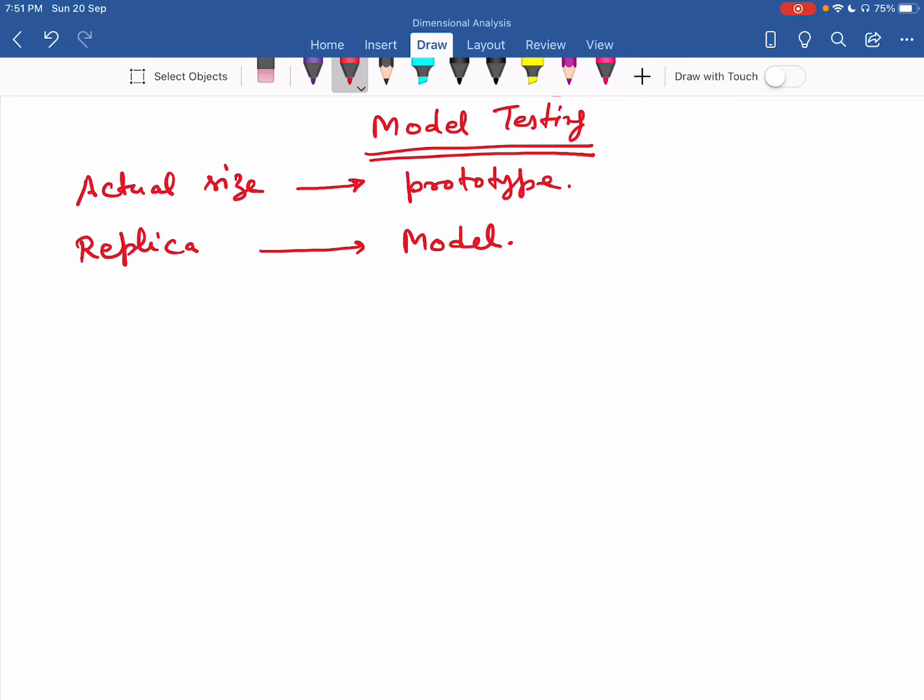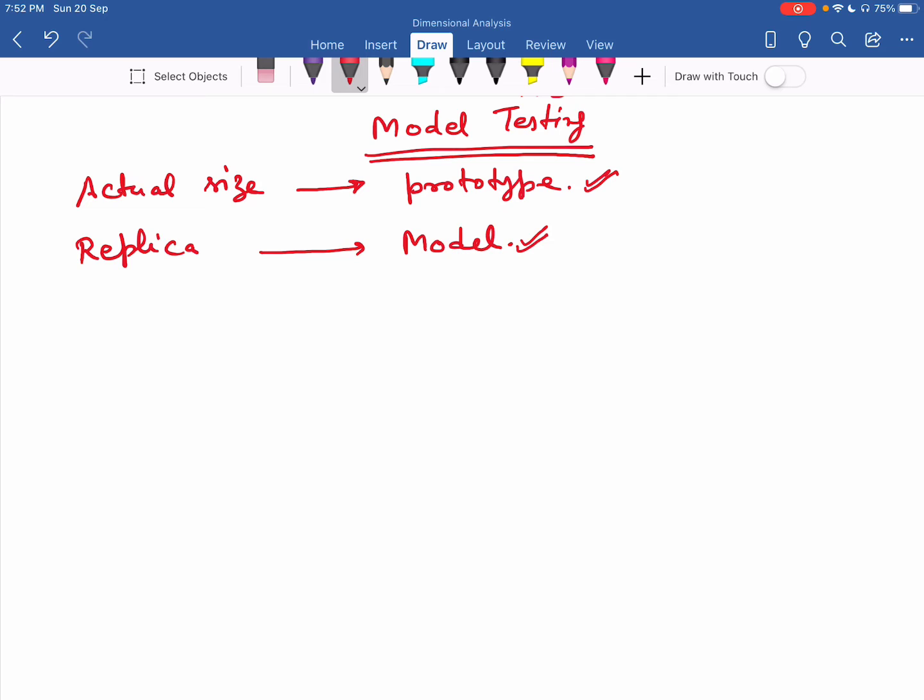So the actual size machine is the prototype, and the replica of the prototype we call the model. On the basis of the experiments we do on the model, the performance of the prototype can be predicted.